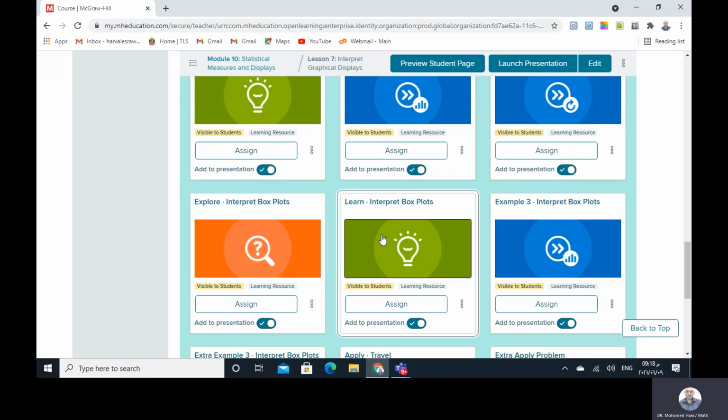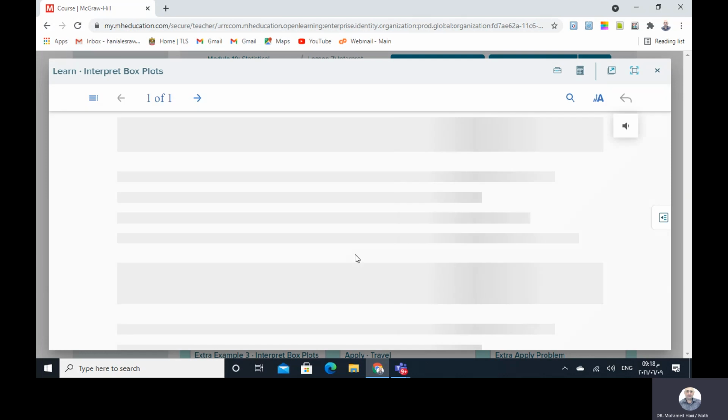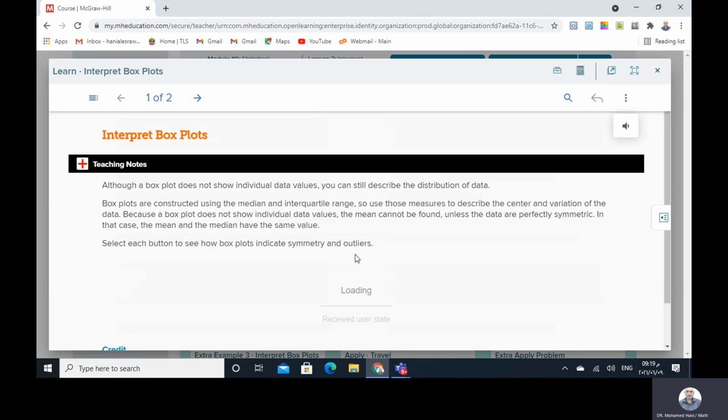The last idea here: interpret box plots. Teaching notes.